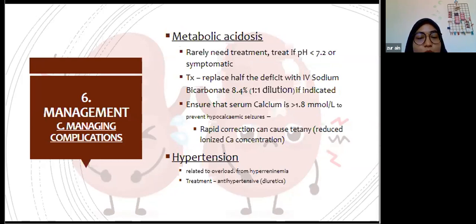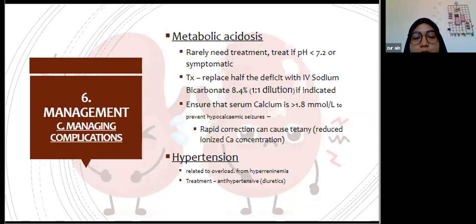We usually don't require treatment if it's a mild form, but if the pH is too acidotic, such as less than 7.2, or if the patient has symptoms contributing to hyperkalemia, then we can give the patient bicarbonate 8.4% with 1:1 dilution, and replace half the deficit with IV sodium bicarbonate. After that, we can monitor the blood gases to see if there is a correction or not.